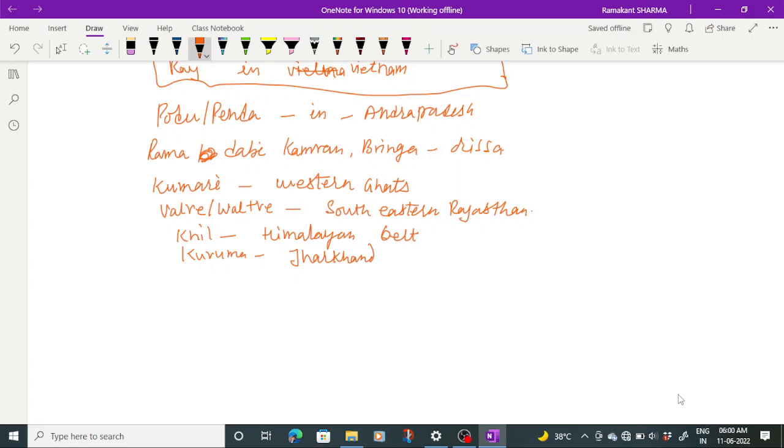And last, we know zooming in which part? We have discussed it earlier. In northeast. So we have seen here different names are given to zooming farming.